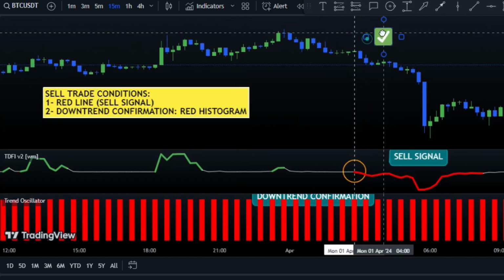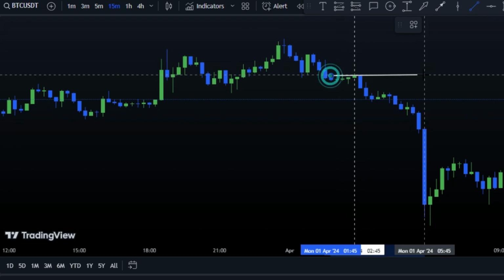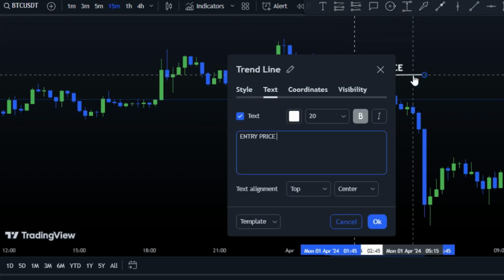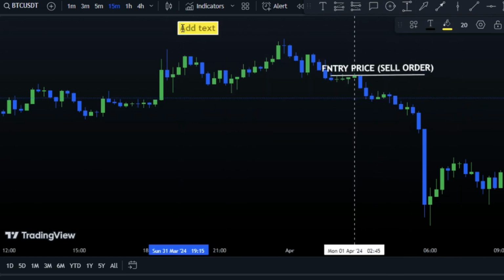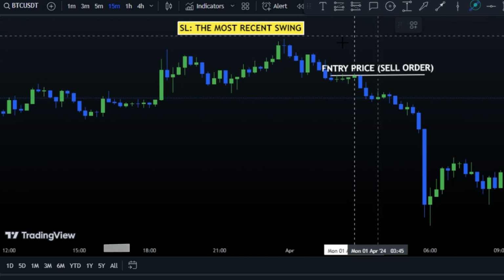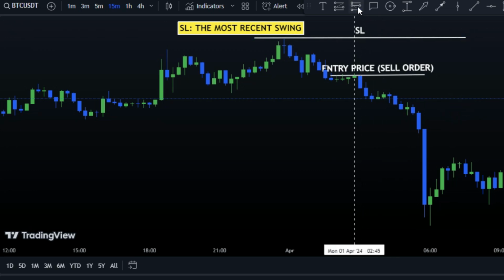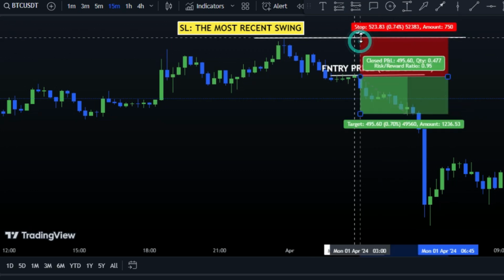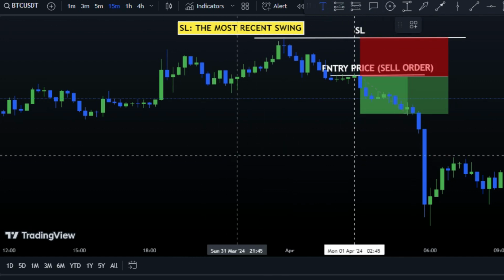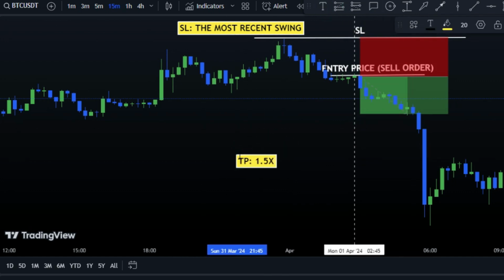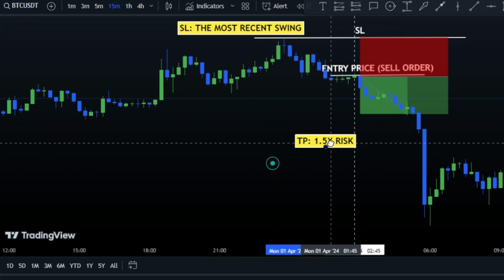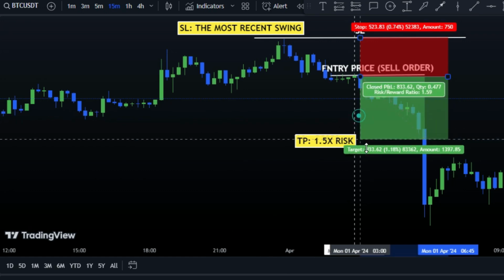So once these criteria align, you can confidently enter a sell trade. And for risk management, set a stop loss just above the most recent swing high. And when exiting the trade to secure profits, establish a target at 1.5 times greater than the risk of your trade, promoting a solid risk-to-reward balance.